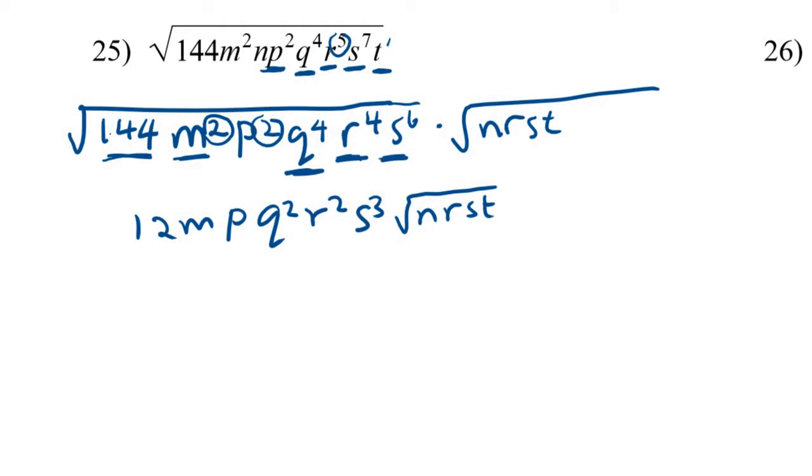So to summarize, the process involves breaking up the square root into two parts and writing all the perfect squares on the left side, including the numbers, and the non-perfect squares on the right side.